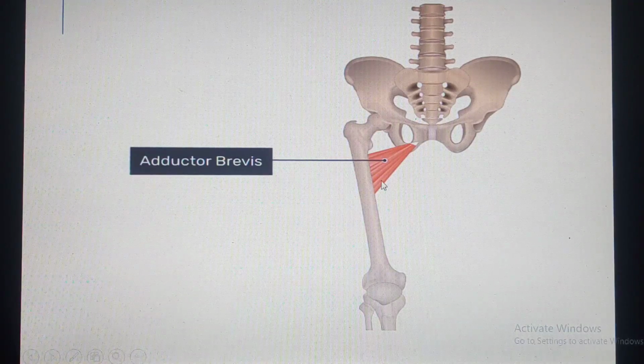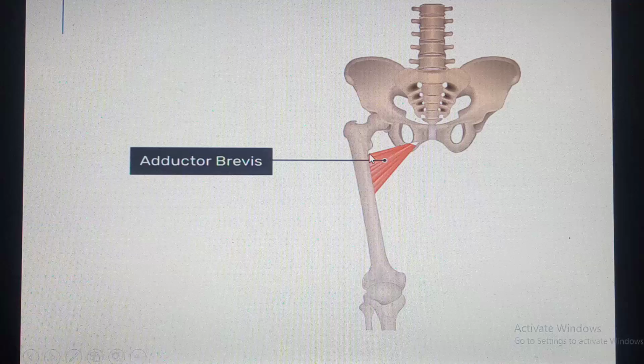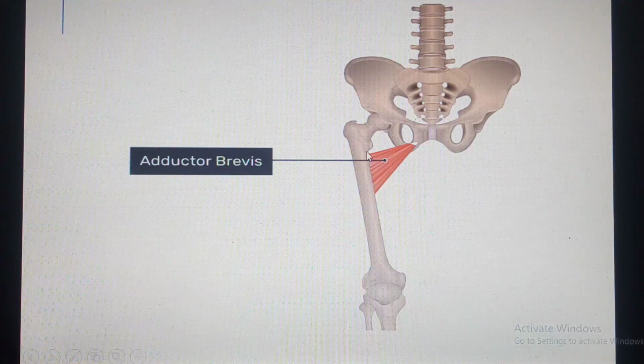Now this adductor brevis muscle will originate somewhere in the anterior aspect of the superior pubic ramus, as well as the pubis, the ramus of the ischium. So we can generally say that it's going to originate from the ischiopubic ramus, and then insert this time around on the proximal shaft of the femur, that's the proximal 1/3 of the medial lip of the linea aspera.